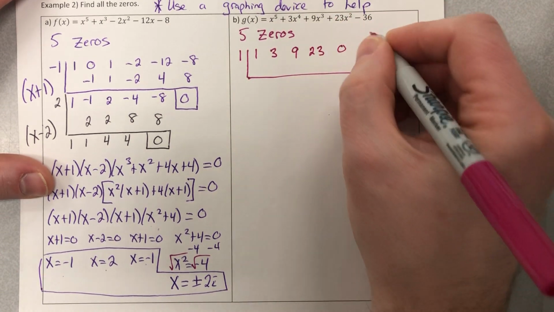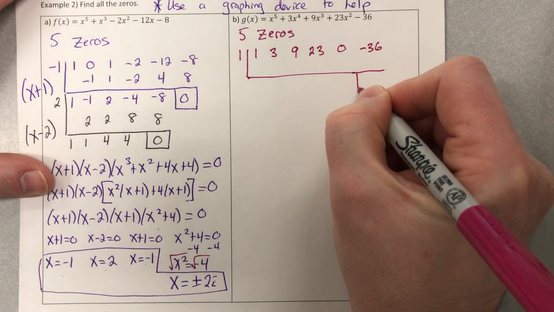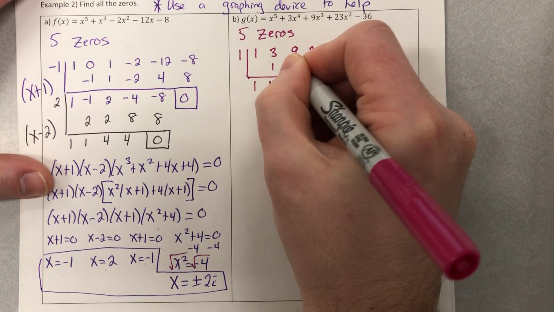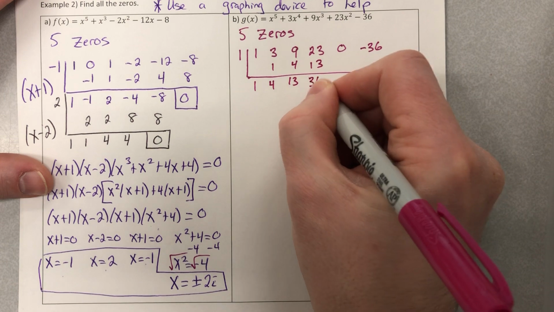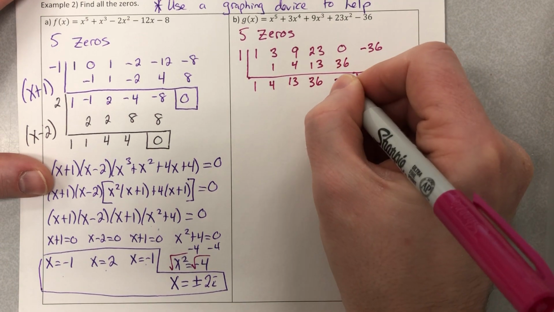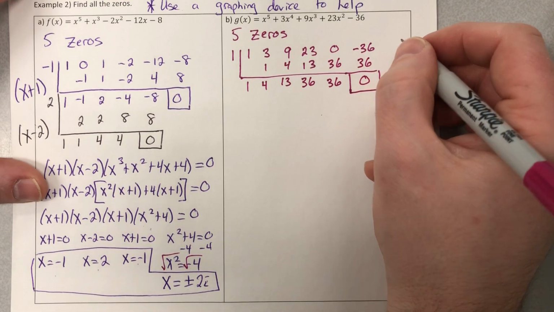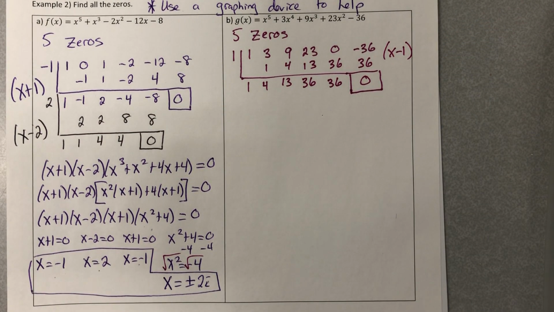Remember to use your 0 placeholder for the X. 1, 1, 4. So this would be X minus 1 as our linear factor.